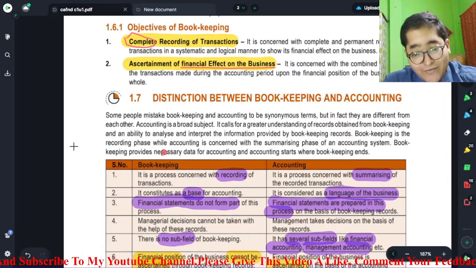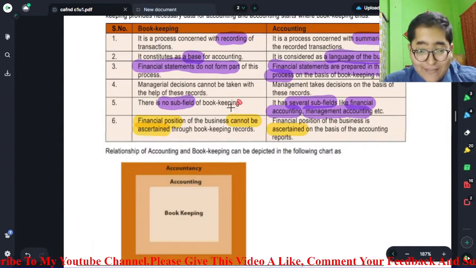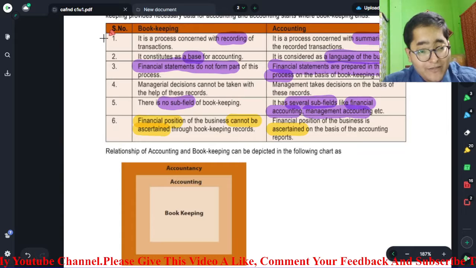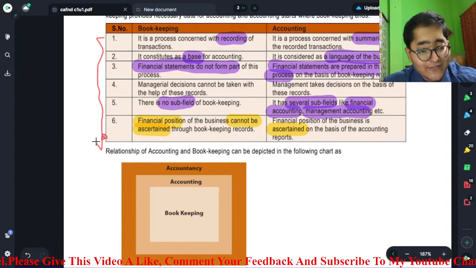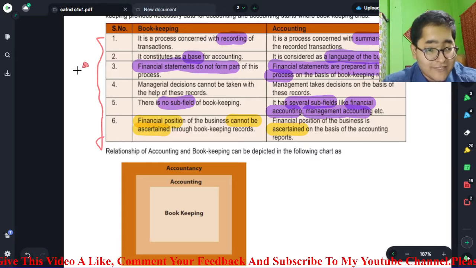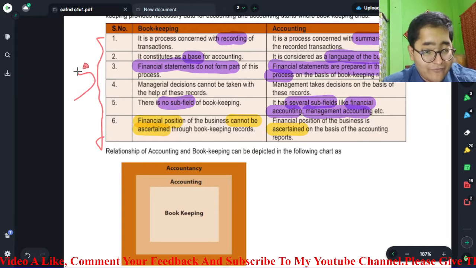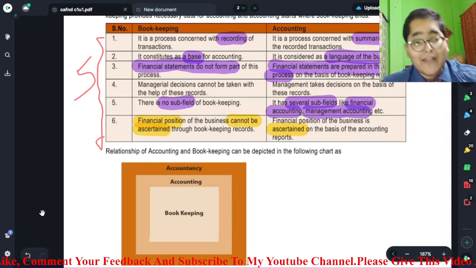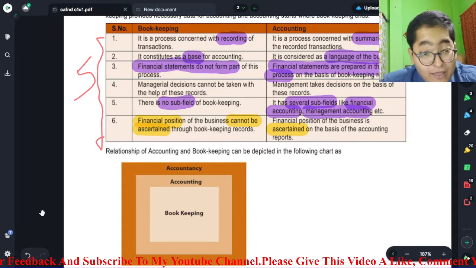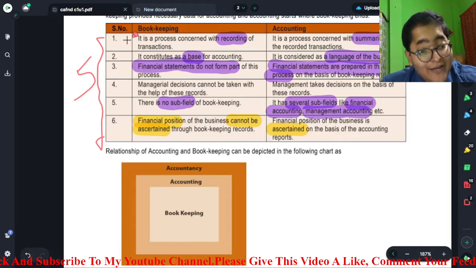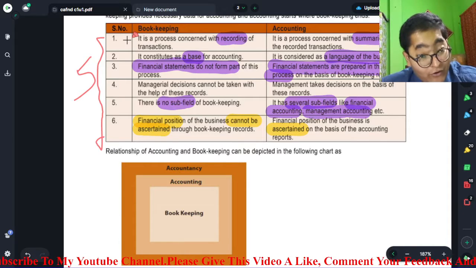Now, distinction between bookkeeping and accounting. This is very important. You need to remember 5 points, any of the 6, but mostly 5 points are important. It comes for 2 to 3 marks in question number 6. Bookkeeping is a process concerned with recording.